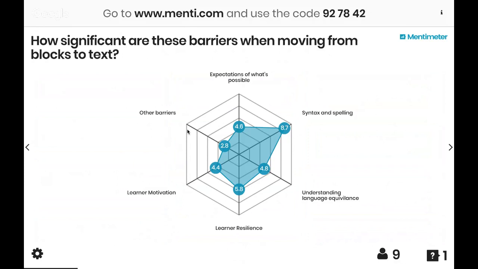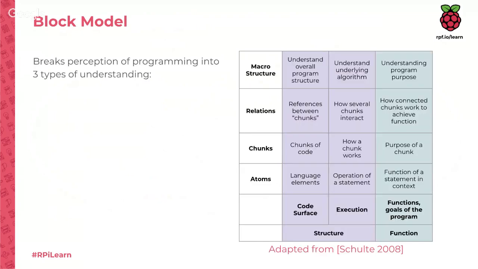So we're going to go back to the presentation, and we're going to talk about a conceptual model for how students learn to program, called the block model. If you've read any of the recent literature, this is actually from 2008, so it's not that recent, but there is some thinking going on at the moment around how students are learning and how we can conceptualize the different perceptions of programming that students might have, or the different levels or layers within it.